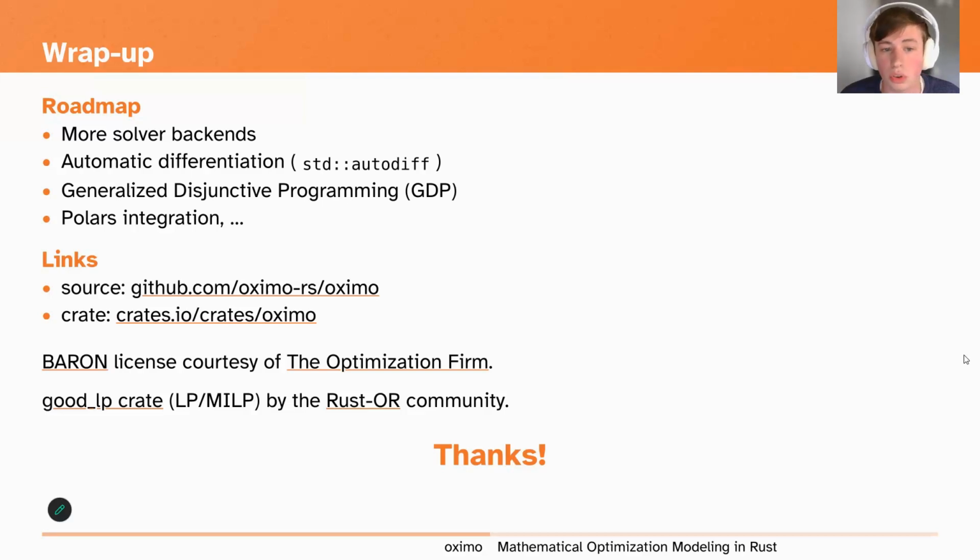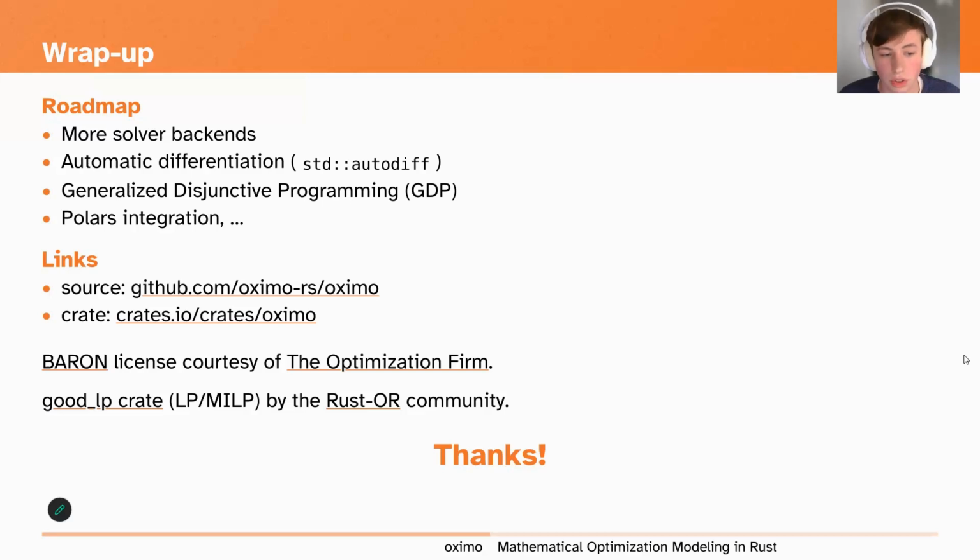We also want to support automatic differentiation using the standard autodiff, which uses Enzyme on the backend. This would allow us in turn to add even more backends that require you to pass derivatives. And we also want to support generalized disjunctive programming with automatic reformulation. We would also like to improve the integration with Polars and also better docs and better examples in general.